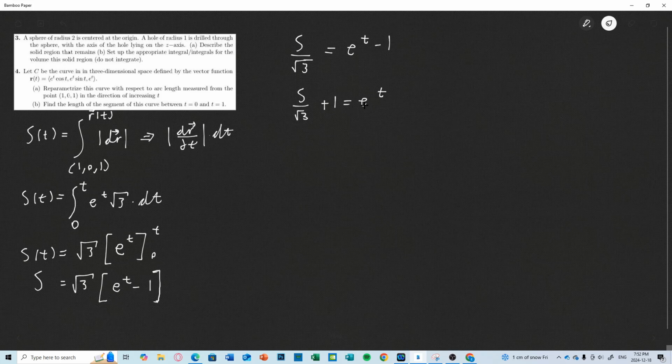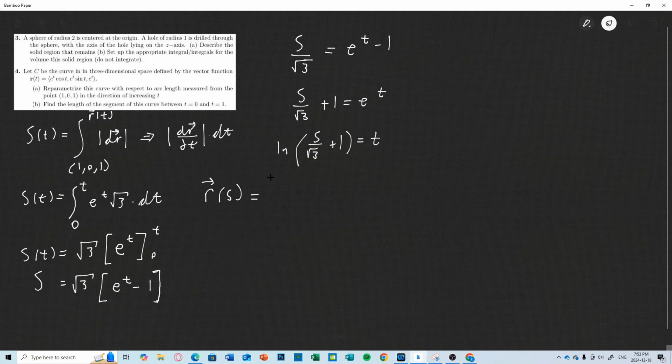And then if we take ln of both sides to get rid of the e, this will become ln of s over root 3 plus 1 is equal to t. Now, the whole point of this was to change our r of t into r of s. And we're going to put this into our original function, so not the derivative or the magnitude, the actual r of t.